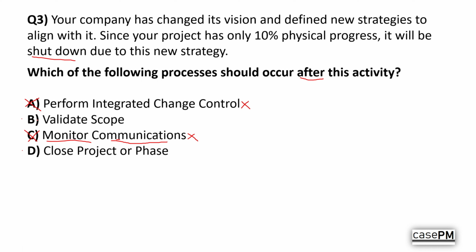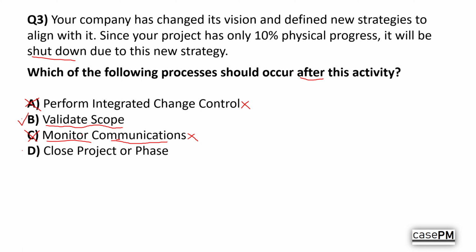Now, validate scope is the process where the customer or sponsor formally accepts completed deliverables. Even if we only reached 10% progress, any completed work should be reviewed and accepted or documented as not accepted before we can formally close. So immediately after the termination decision, we move to validate scope to get formal acceptance of whatever has been completed.